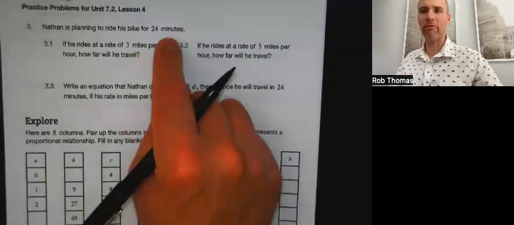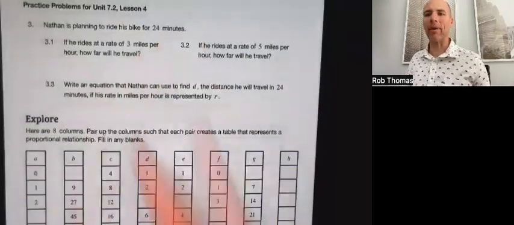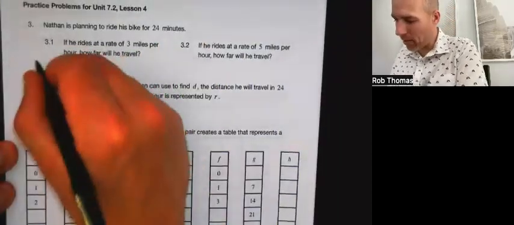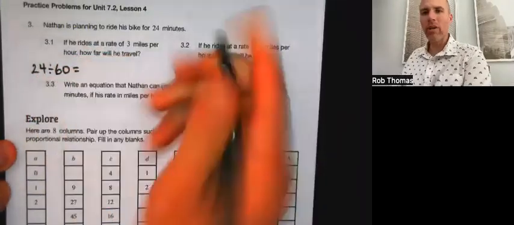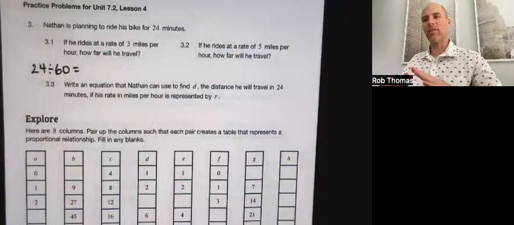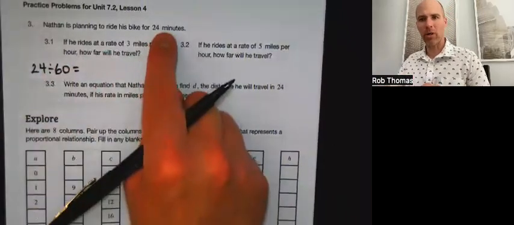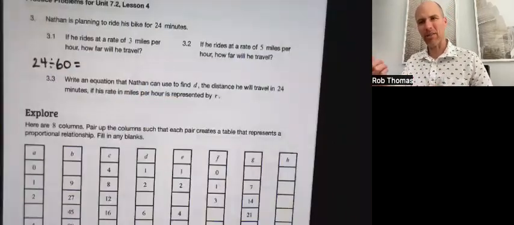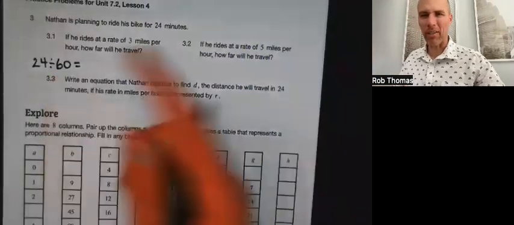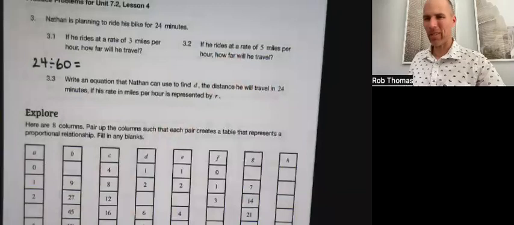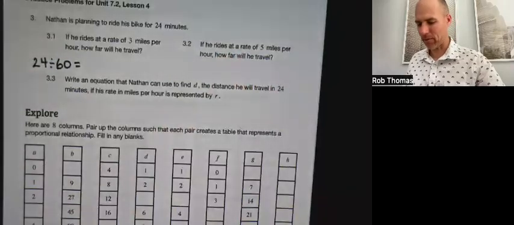So we're going to turn 24 minutes into hours. And it's just divided by 60 because there are 60 minutes in an hour. So if we do 24 divided by 60, we'll get just how many hours 24 minutes is, right? It should be a little less than half because 30 minutes is half an hour. We could do fractions, but how about let's make our lives easy this time. Let's do decimals.